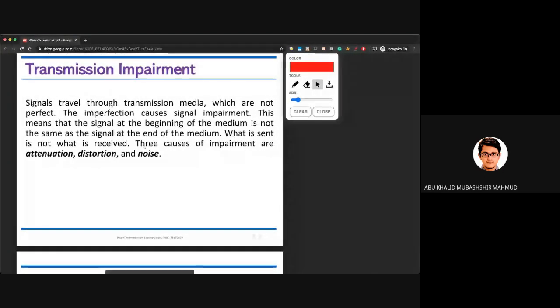So what do we mean by this term transmission impairment? Any kind of imperfection that is caused in the signal is called impairment. That is, if we say, for example, we want to send this kind of signal and we receive a different kind of signal, it is called impairment.